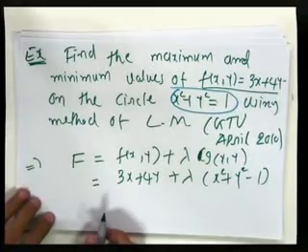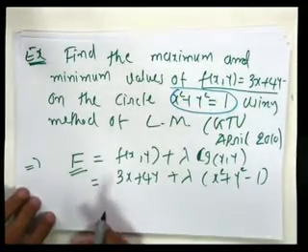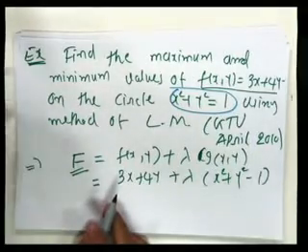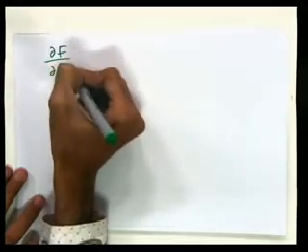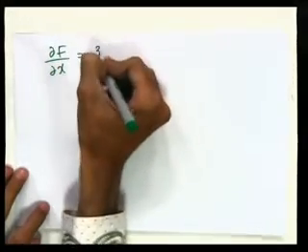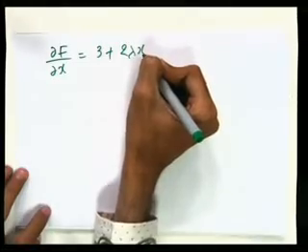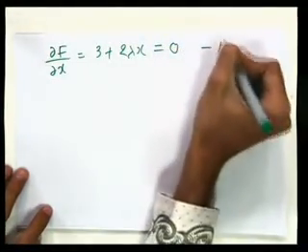Now we need to differentiate F partially with respect to x first, then with respect to y, and then with respect to lambda. So we get del F by del x equal to 3 plus 2 lambda x equal to 0, which is our first equation.